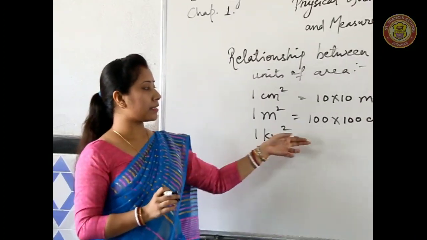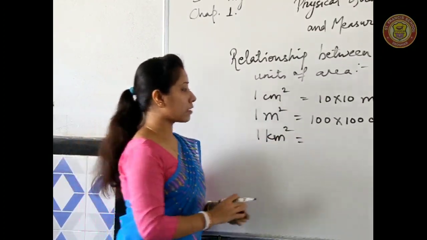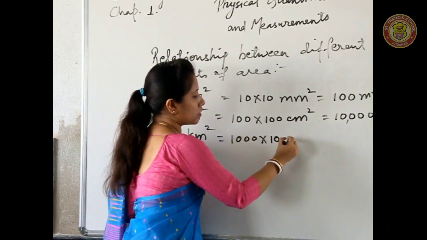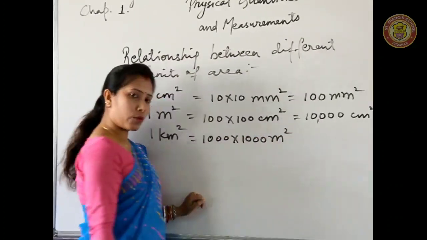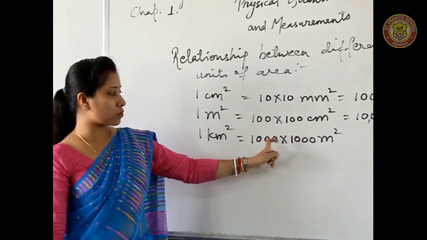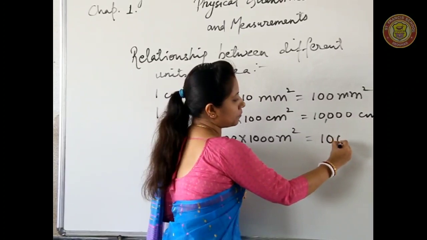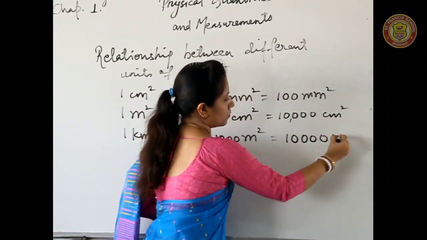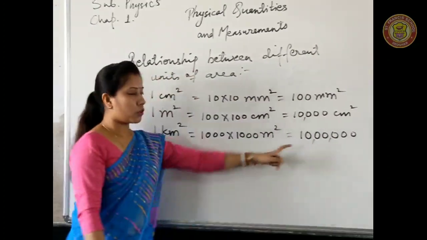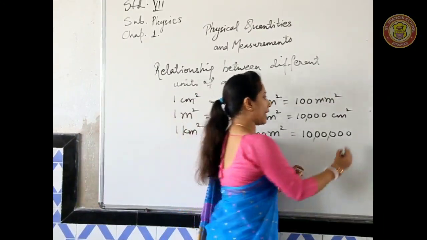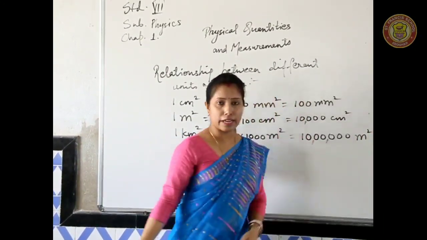So 1 kilometer square will equal 1000 into 1000 meter square. On multiplying this 1000 into 1000, so what is the value here? 1 kilometer square is equal to 10 lakh meter square.